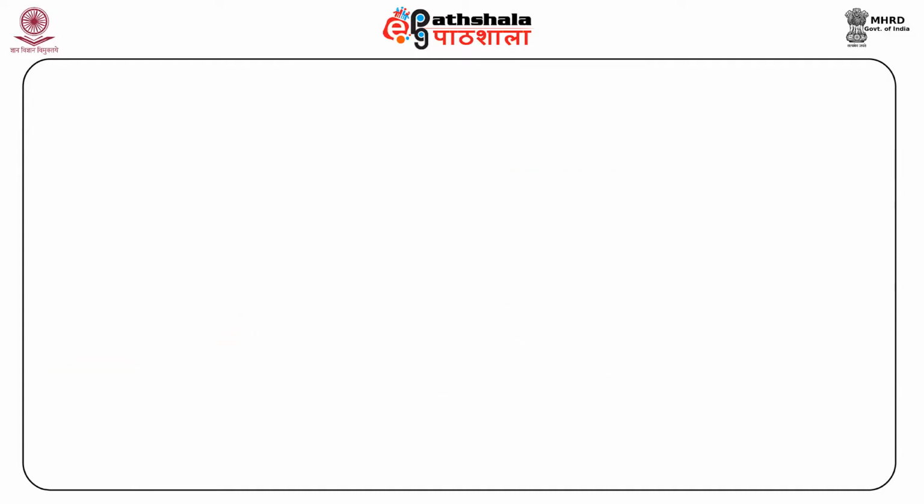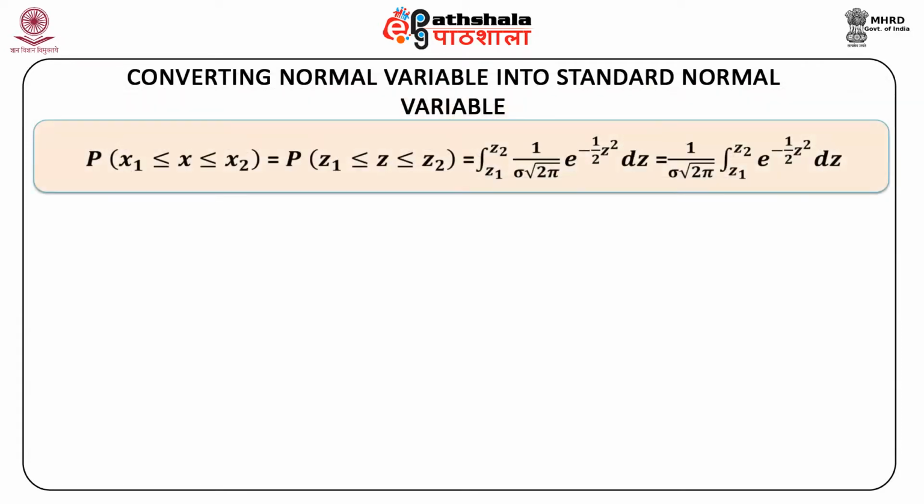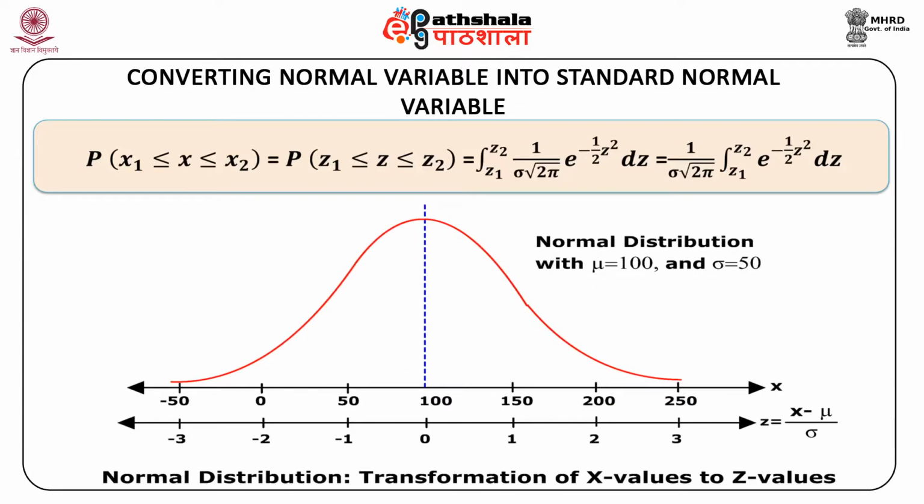We can transform the two values x1 and x2 into z1 and z2, which are defined as x1 minus mu divided by sigma and x2 minus mu divided by sigma respectively, and compute the area between these 2 points.